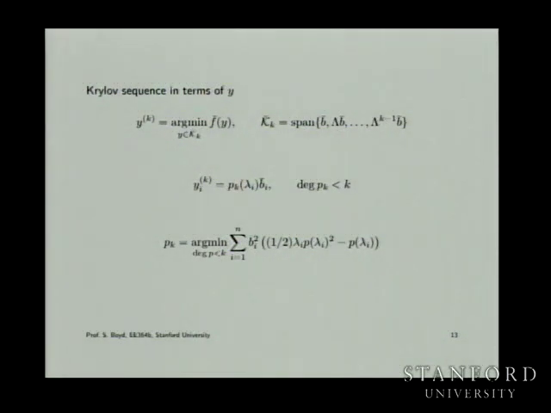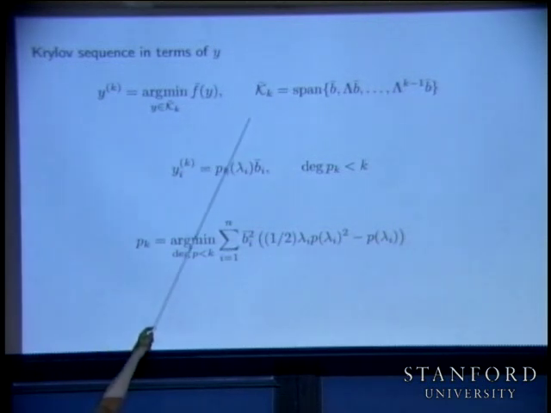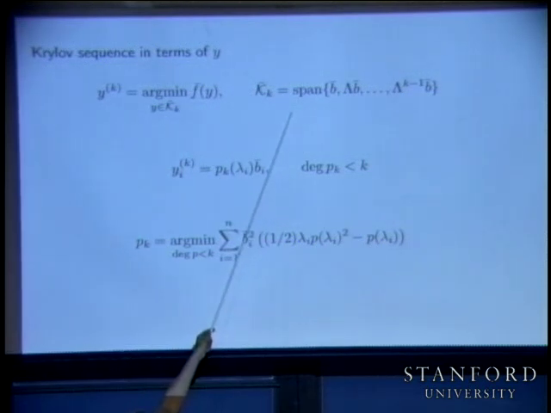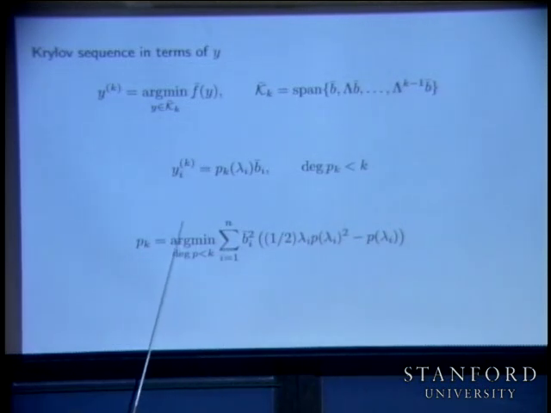But now let's look at the Krylov sequence. What you're doing here is this: y_k is the argmin of this thing over this subspace. But the subspace here is actually really simple. It starts with a vector b bar, and you keep multiplying by these diagonal matrices. So these are just different diagonal matrices, and what that says is that the ith component of y at the kth Krylov point is a polynomial p_k of the eigenvalues times b_i bar.